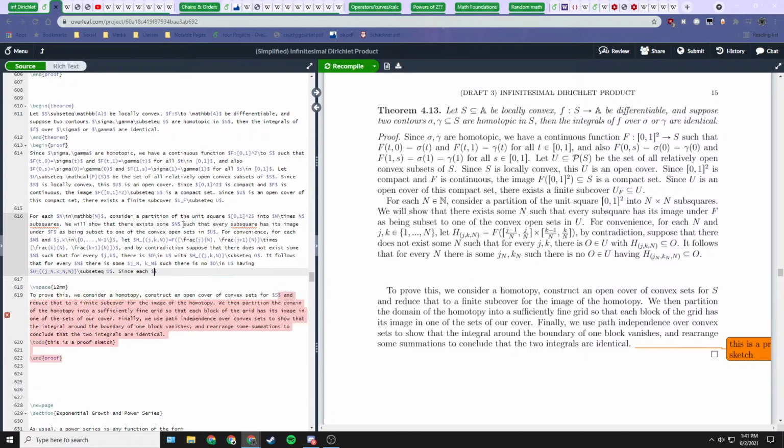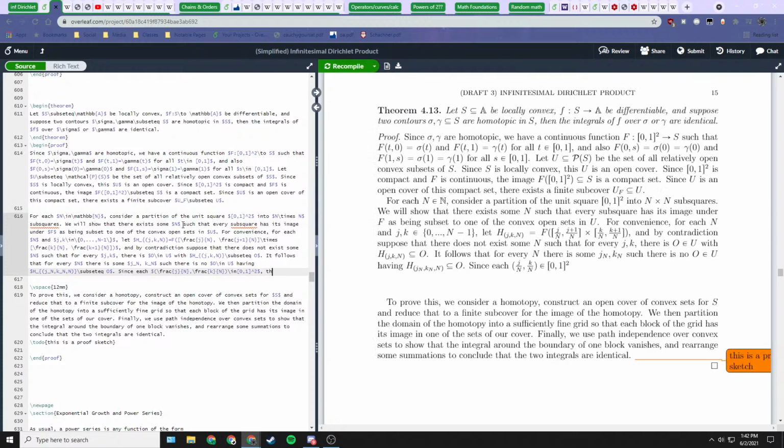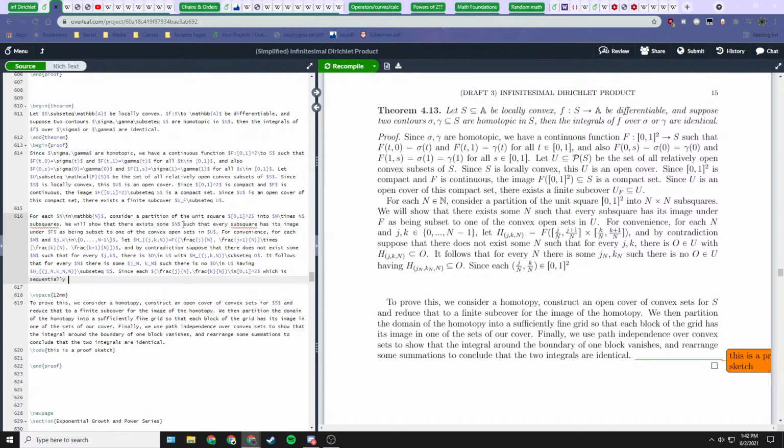Okay, so each point j over n, k over n is in this unit square 0,1, which is sequentially compact, so there must be a limit point.